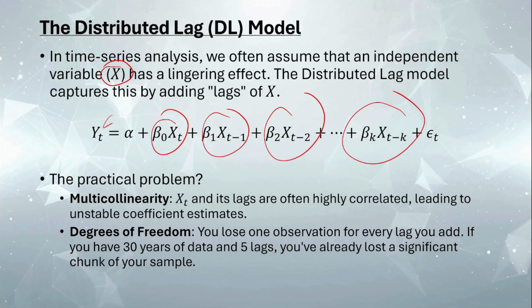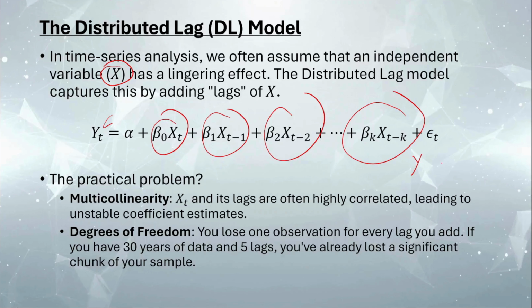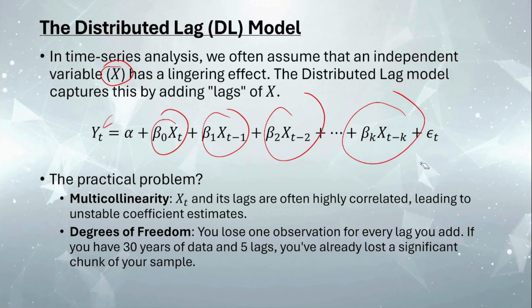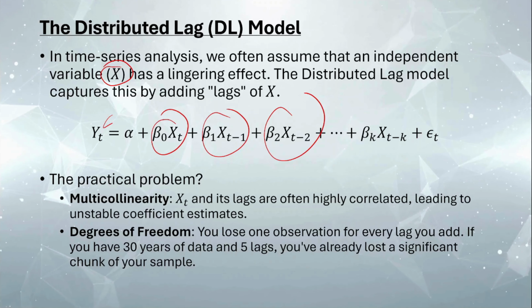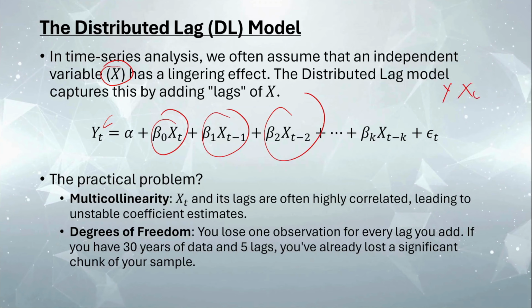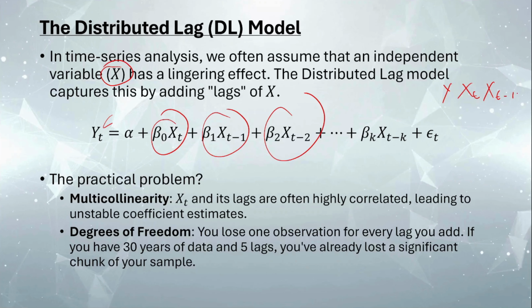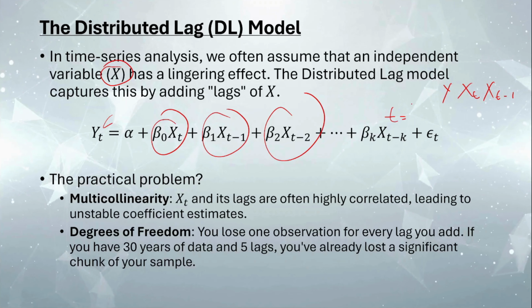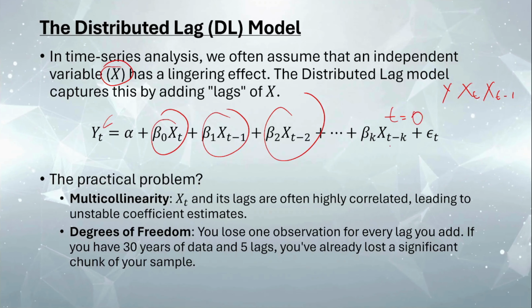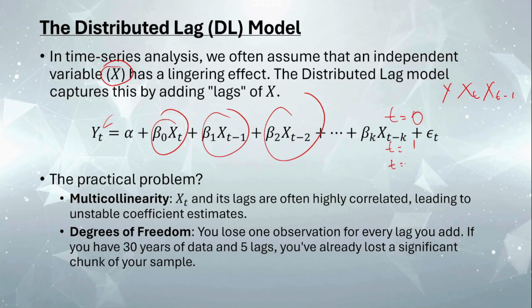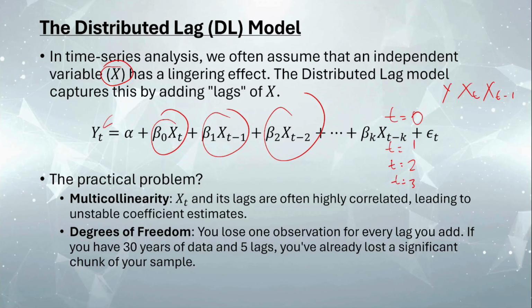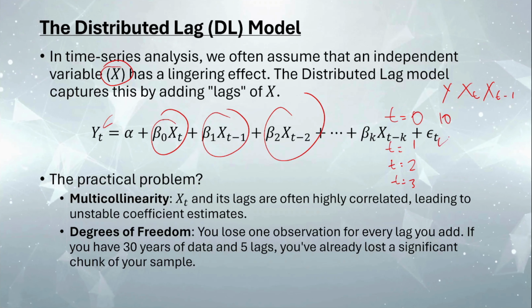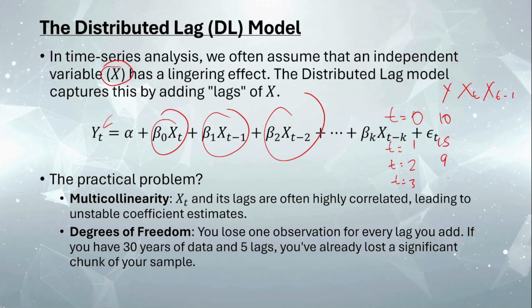Assuming that you have y, you have x, let me write it up here so it becomes easier: xt minus 1. Say time period t starts from 0, so you have t1, t2, t3. Let's say y takes values like 10, 15, 9, and maybe 12.